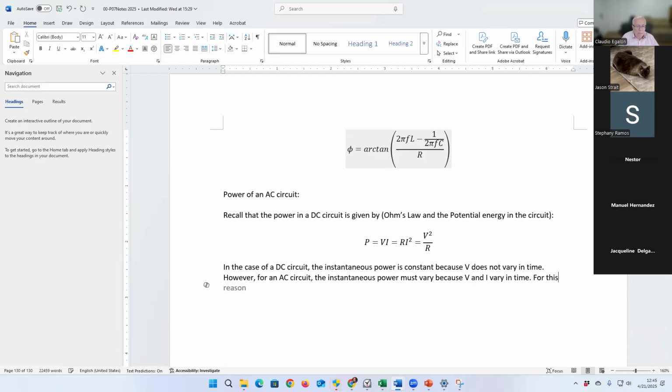For this reason, we must define an average power, but it must be a special type of average for the following reason.